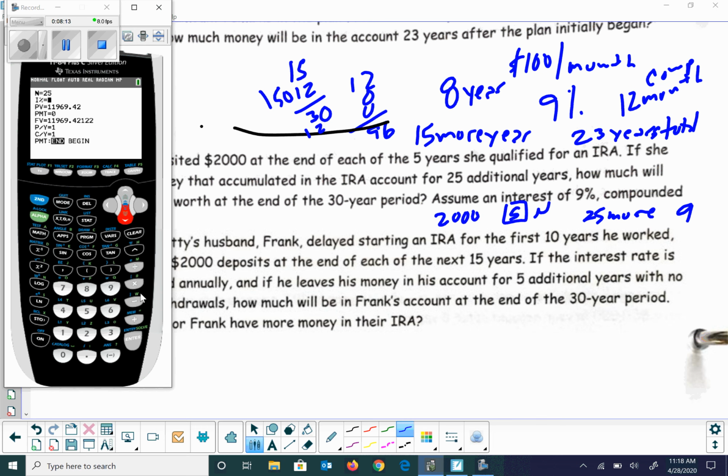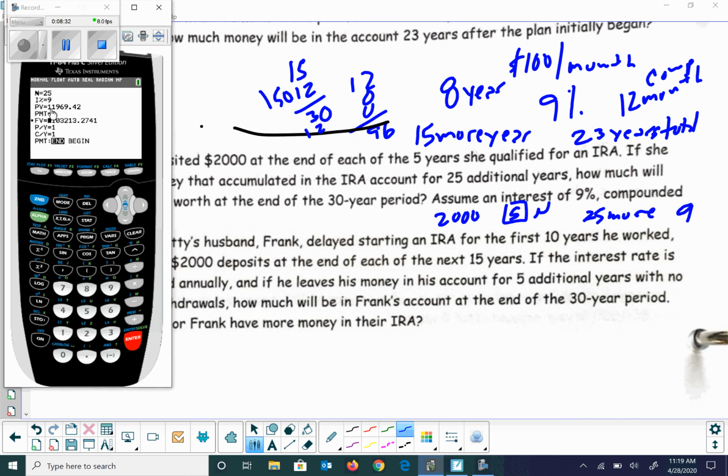All right, so now let's figure out what her future value is, even though she didn't put anything into it. So her 11,969 after 5 years, and then another 25 years in, is going to become, let's see, alpha solve. Oh, wow.